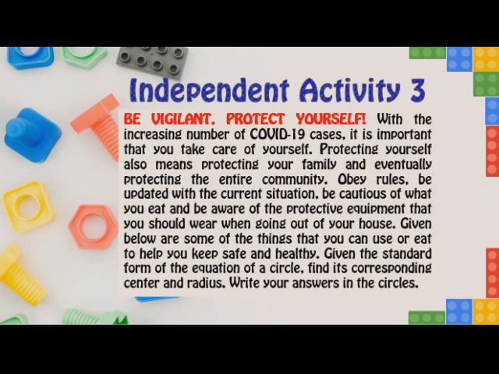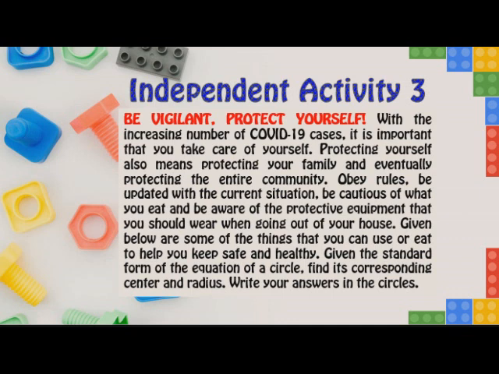Let's have now an independent activity 3 for your module number 8. Here we have a pandemic. So since we have a pandemic, we must protect ourselves. And how are we going to protect ourselves?